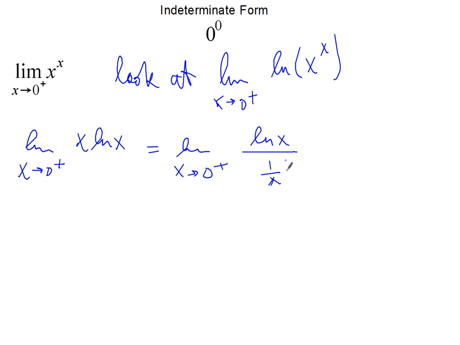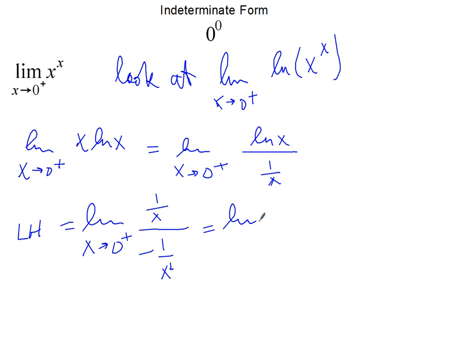Now this is an infinity over an infinity, which allows us to use L'Hopital's rule to get the limit as x approaches 0 from the right of the derivative of ln x, which is 1/x, over the derivative of 1/x, which is negative 1 over x squared, which can be rewritten as the limit as x approaches 0 from the right of negative x squared over x, which is just the limit as x approaches 0 from the right of negative x, which is just 0.